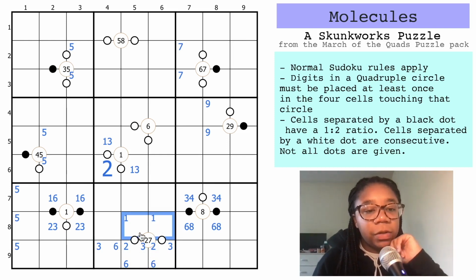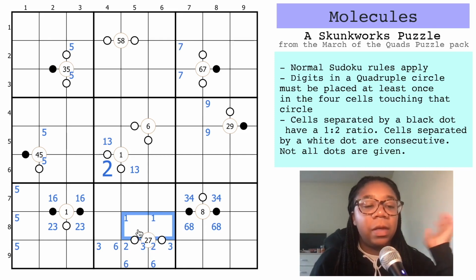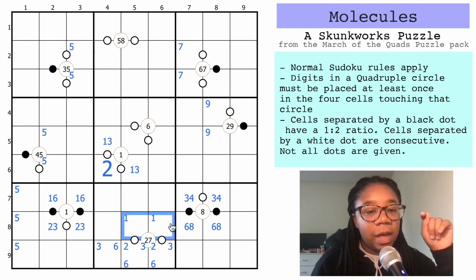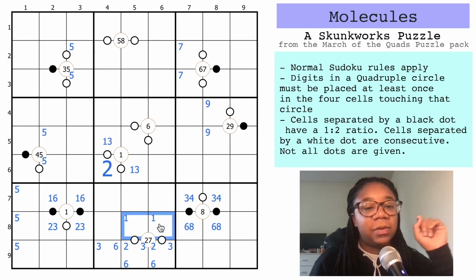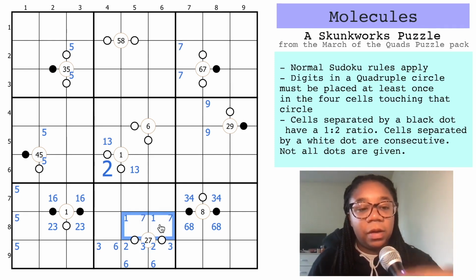I also know for certain that there's a 7 on this quad, but I don't know if it's going to be 7 with one of these 6s here, or 7 with an 8. Actually, yes I do, because 8s can't go up here, so since there can't be 6 or 8 up here, that means the 7s have to be up here, if that makes sense.